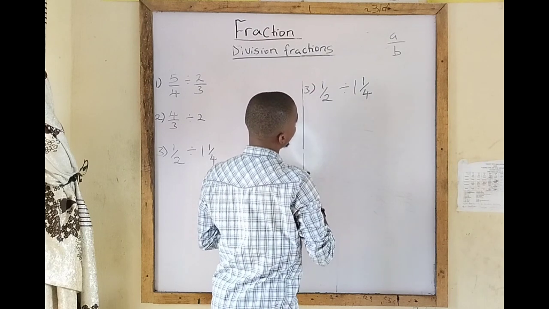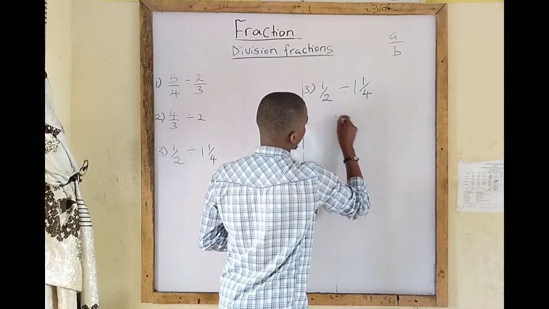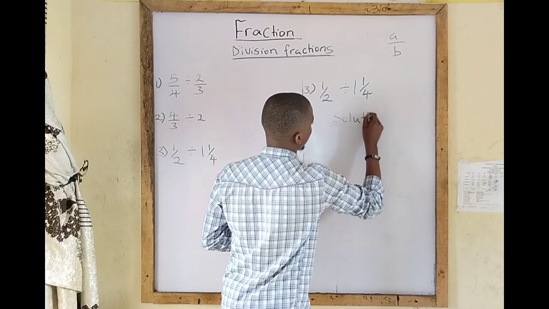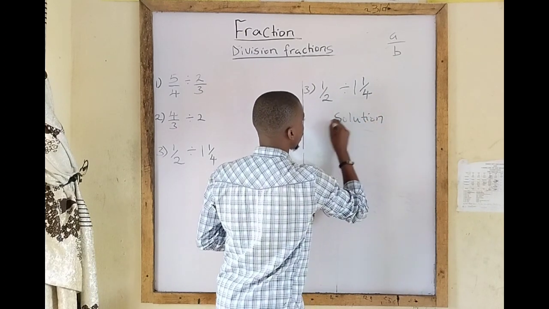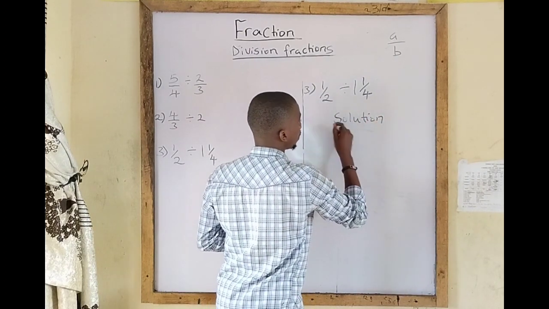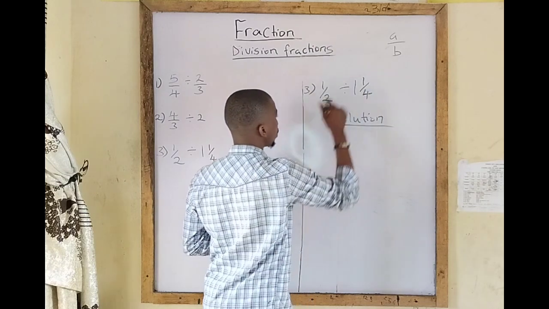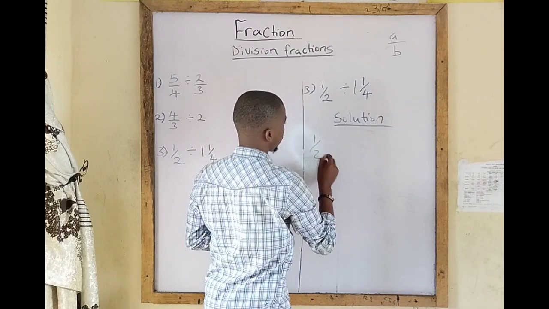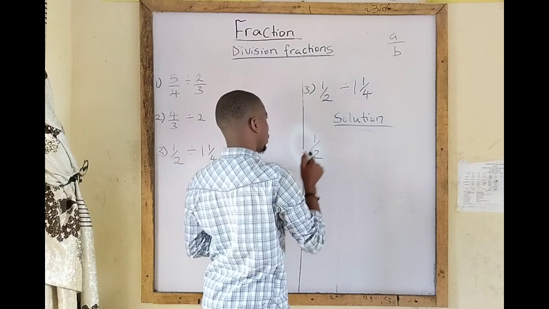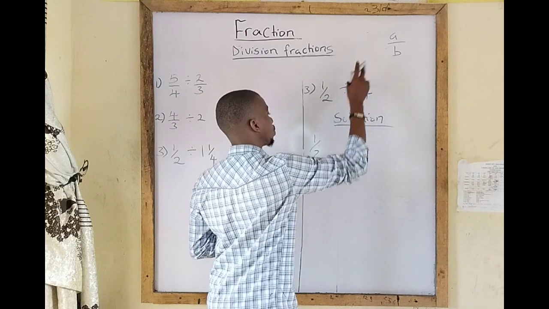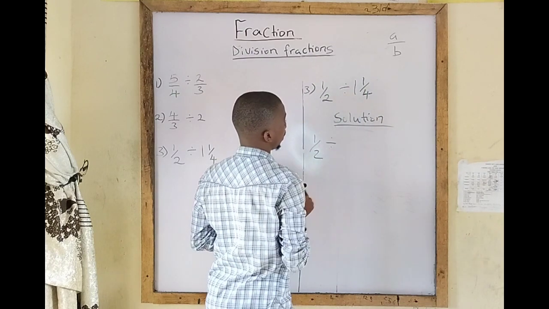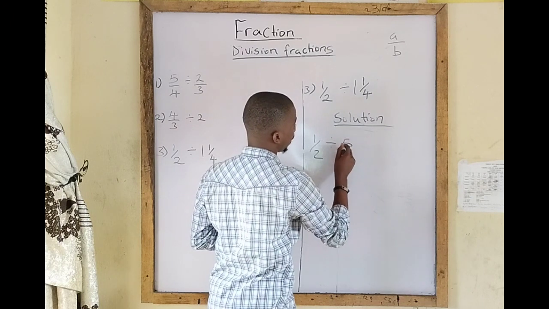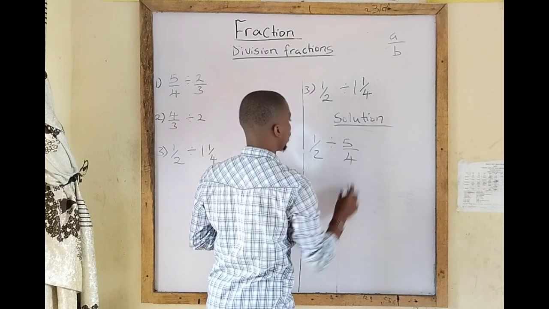So we convert this to an improper fraction. 1 times 4 is 4 plus 1, that is 5. So we have 5 all over 4.